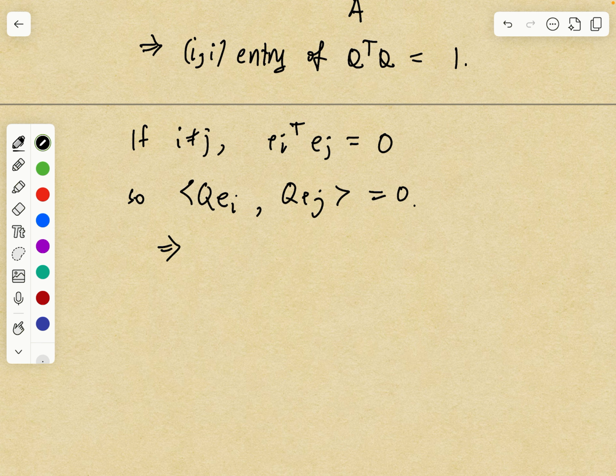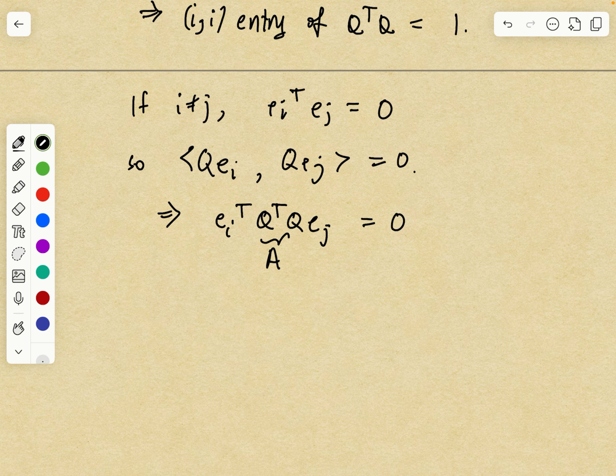And this implies, again, we can just write the dot product as e_i transpose times Q transpose Q e_j must be 0. And again, if we call Q transpose Q the matrix A, then I have e_i transpose A e_j, which I know is the ij entry. So the ij entry of Q transpose Q is 0.